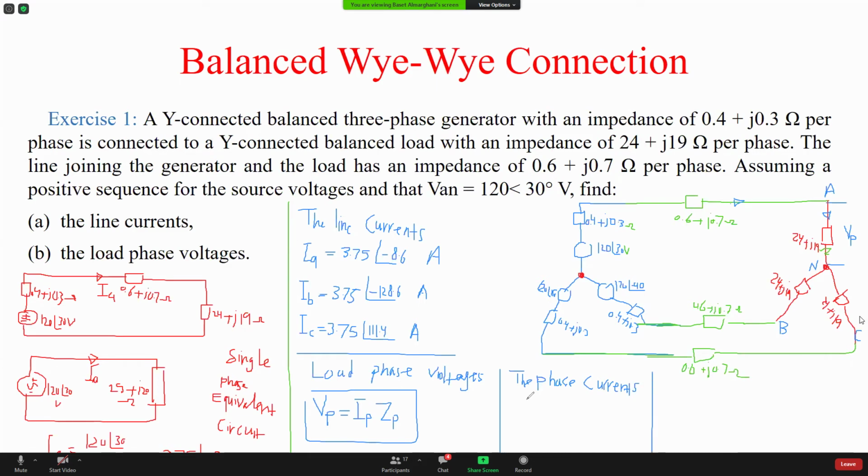So the phase current, I phase 1, is going to be the same as this value, 3.75, because it's Y connection, phase and line currents are equal. Phase 2, phase 3.